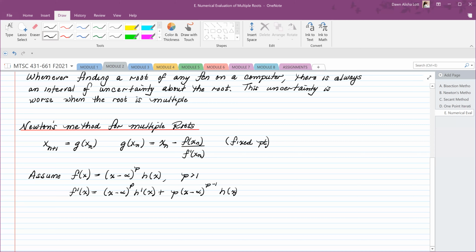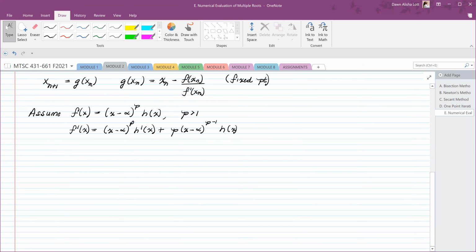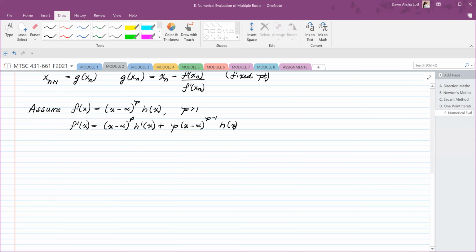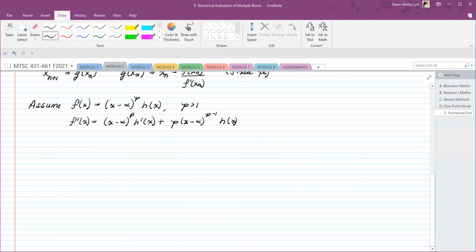Okay. So let's write that as g of x is going to be x minus, okay, in the numerator we have f, so we're going to get x minus alpha to the p times h at x.